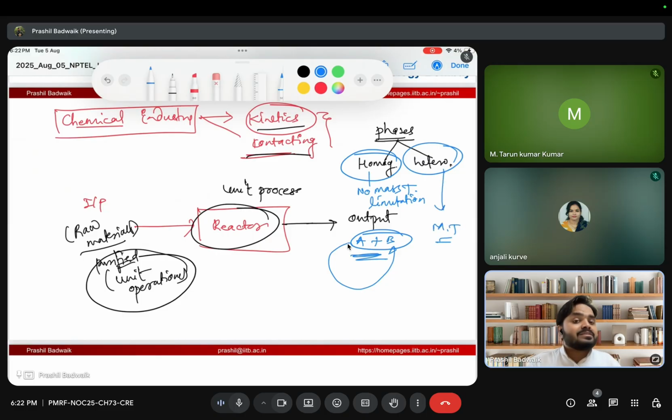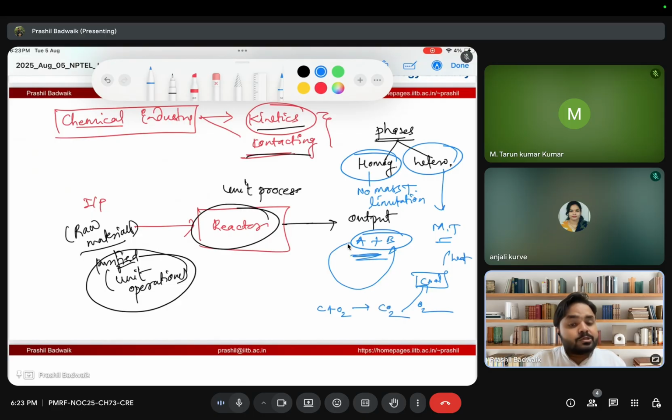What do I mean by mass transfer limitation? For example, I have coal and I want to burn it. I need oxygen. For the burning of coal, if you supply heat here, oxygen is required to enter inside the coal, and there is the reaction carbon plus O2 giving CO2.